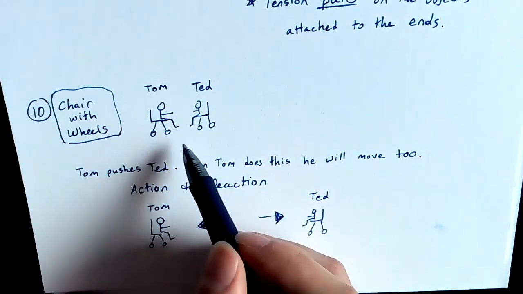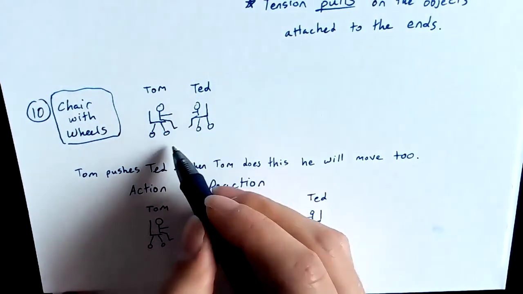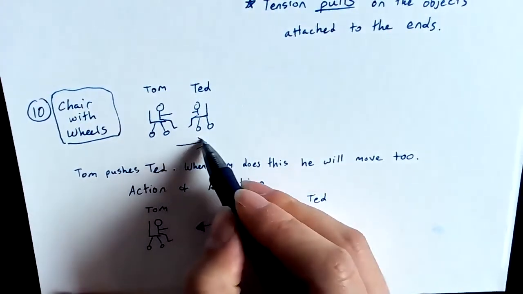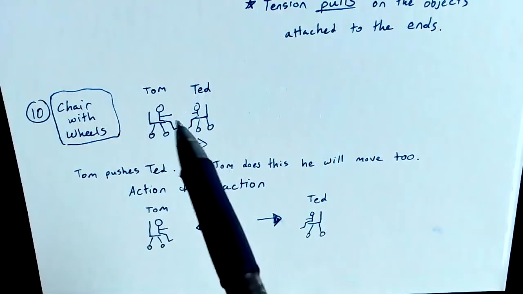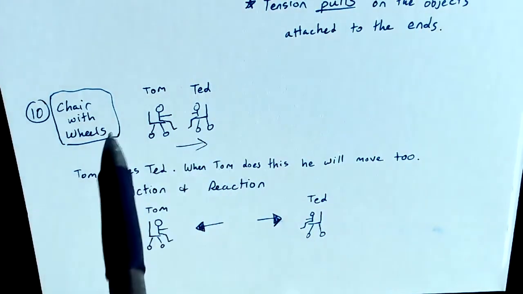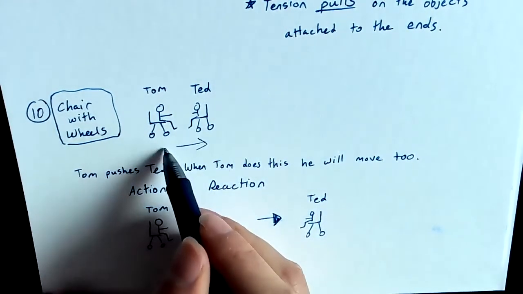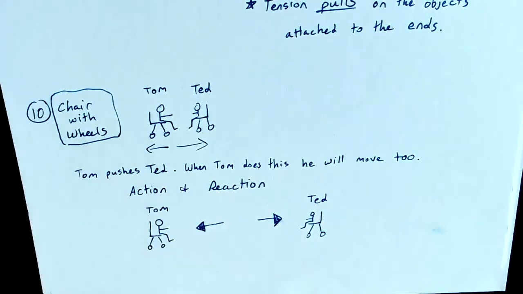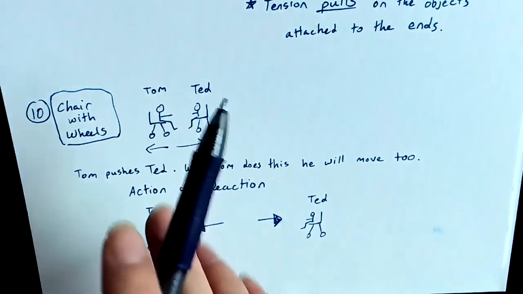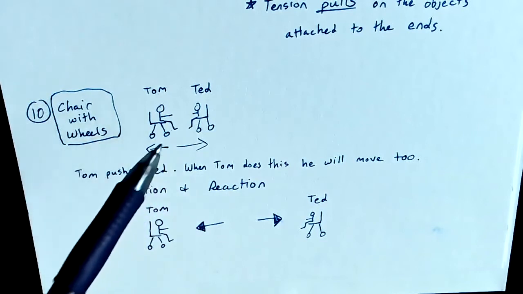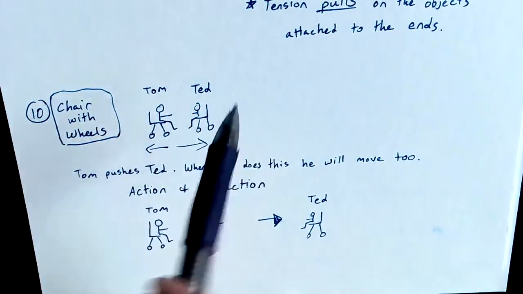So if Tom pushes Ted this way, Tom is on wheels and he also moves. And he's gonna move away from Ted because he's pushing a force this way.